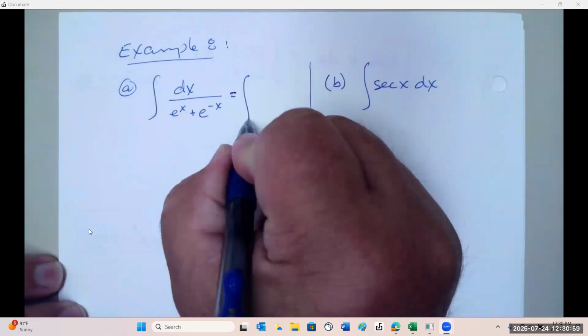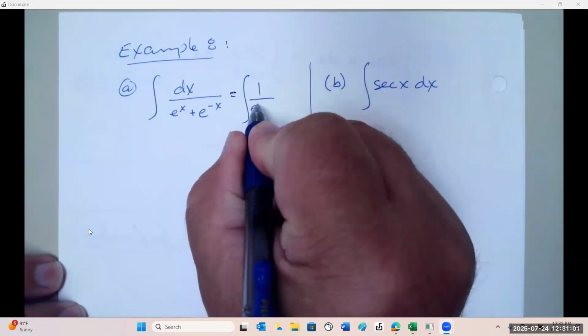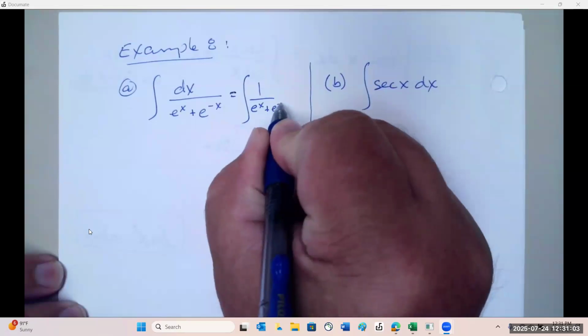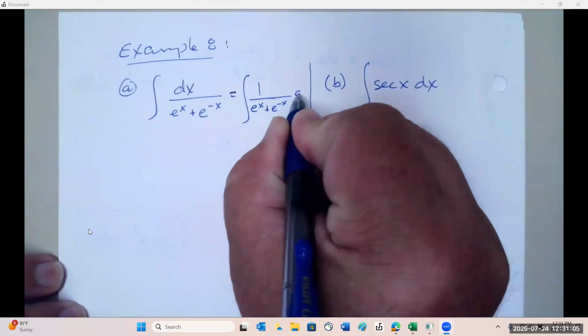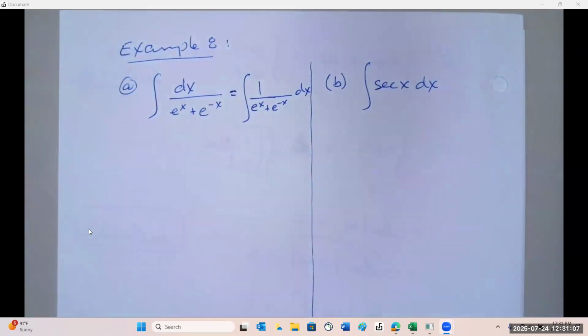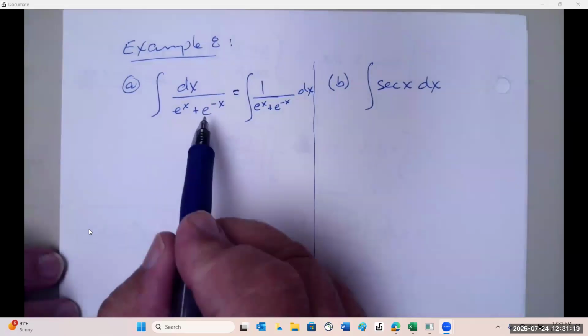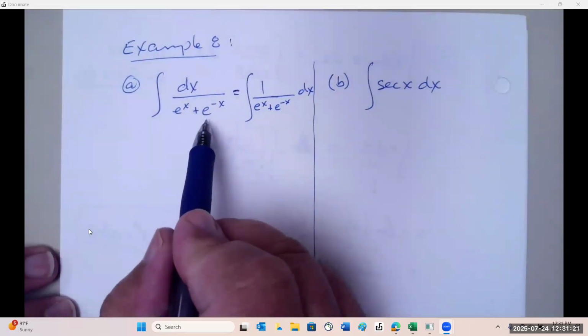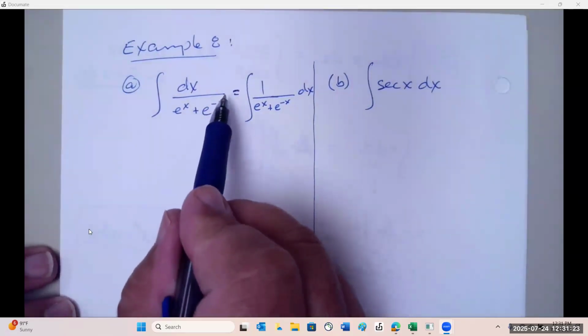This also looks like 1 over e to the x plus e to the negative x dx. The difficult part about this one is look at the denominator. It's got a negative exponent.